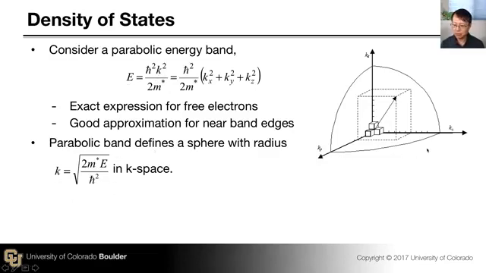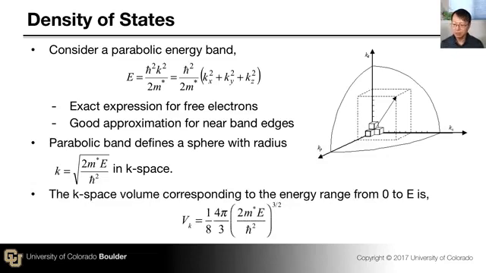This is pictorially shown here. Okay, so there is a section, 1/8 of a sphere, in the first octant. The surface of this sphere defines all the k values corresponding to energy E.